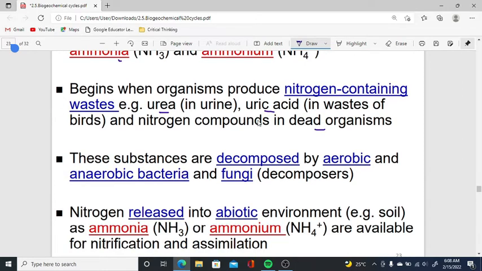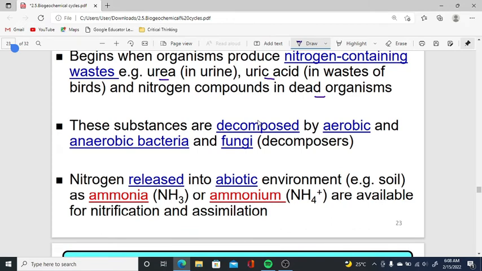Okay, and then these substances are decomposed by aerobic and anaerobic bacteria and also fungi. Yang ni saprophytic bacteria and saprophytic fungi sebab decomposer kan. Okay, and then nitrogen it will release into abiotic environment, for example soil as ammonia or ammonium that are available for nitrification and also assimilation. So contoh, kalau ada waste product, kalau ada dead organism, it will decompose by saprophytic bacteria ataupun saprophytic fungi, which are decomposer.